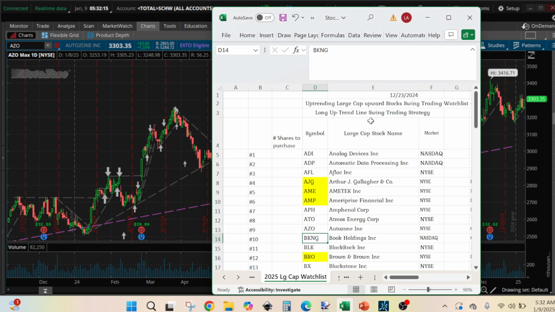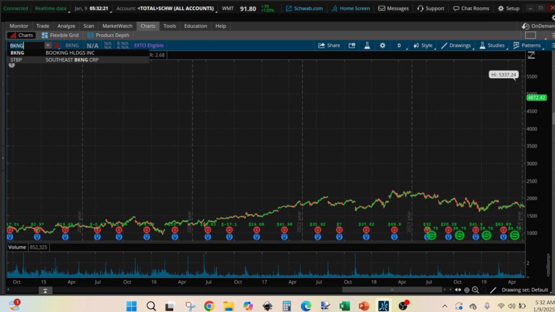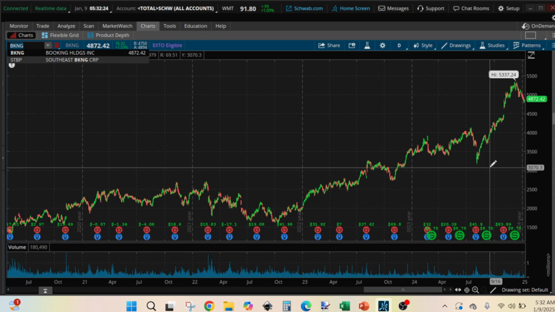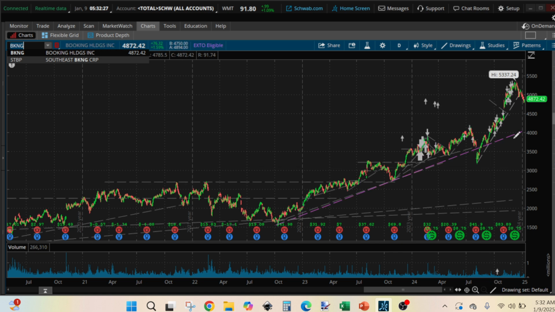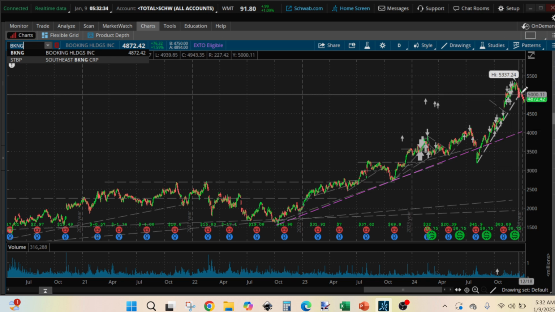The next one is BKNG. So we are going to enter at this line, and right now this trend line ended and is going down.